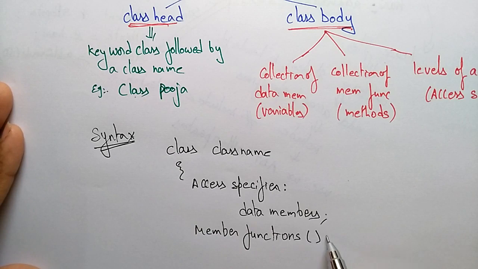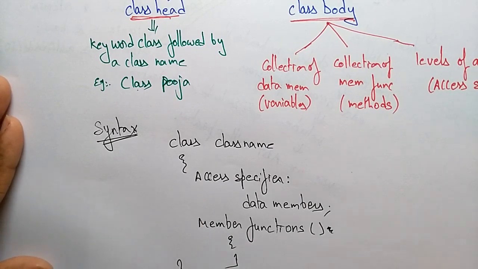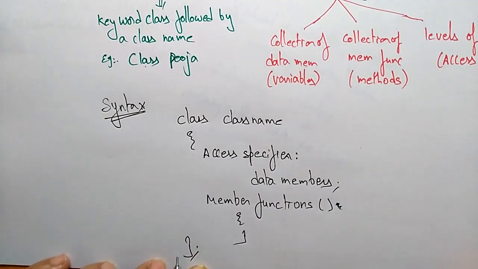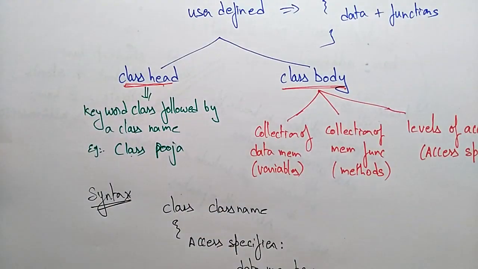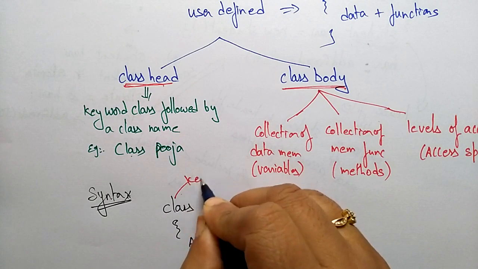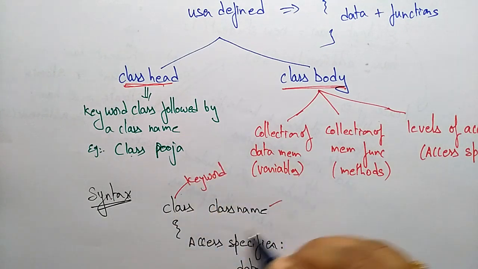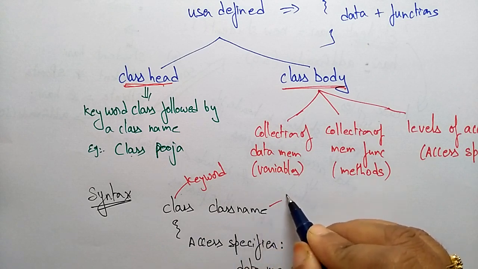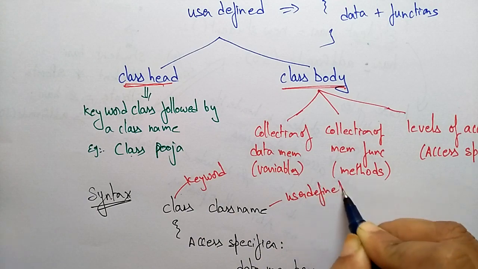Within the member functions you write the code. And this semicolon is compulsory, because the class will end with a semicolon after the closing brace. Here class is a keyword, and the class name is a user defined name. You can write whatever name you want.